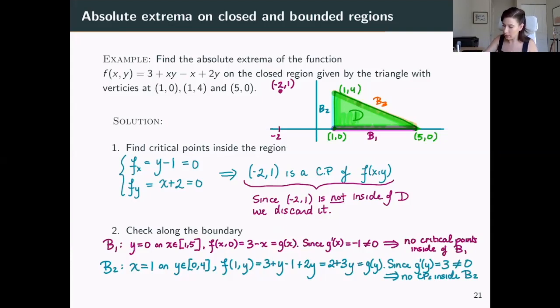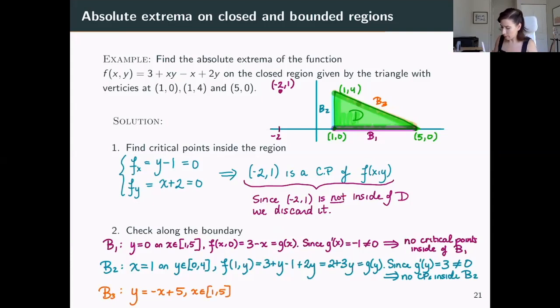The last one that we have to deal with is our final boundary line of B sub 3. And so here we have something slightly more complicated. We need to look at this line, and the equation of this line we can determine is given by y equals -x plus 5, when our x is inside of the interval 1 until 5.